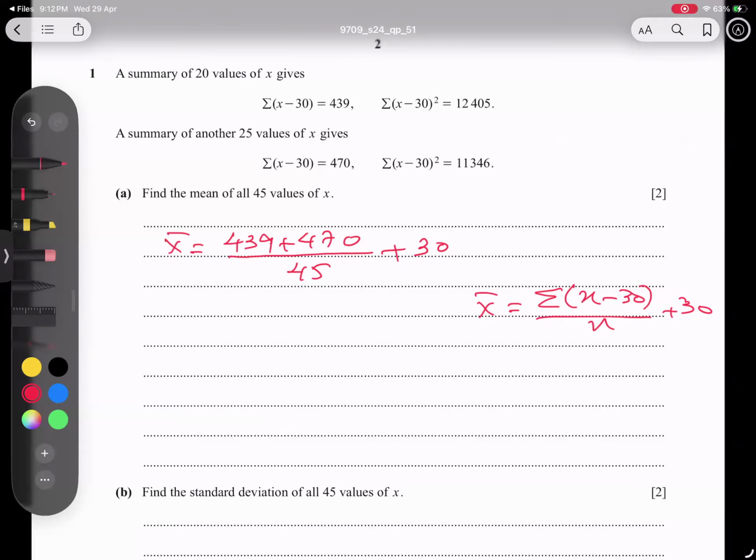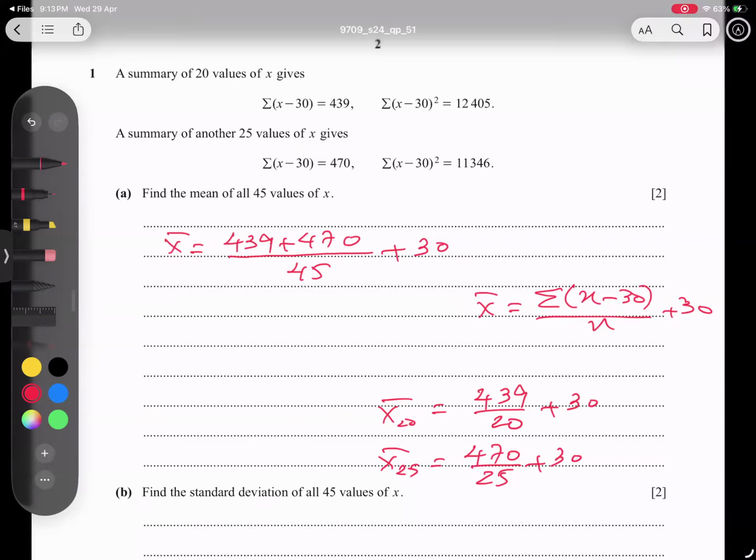Okay, I repeat again, and that is a way to find the average. Let me show an example to understand: 20 values mean is 439 over 20 and plus 30. This is very clear. Okay, and similar approach, for the other 25 values the mean is 470 over 25 and plus 30.